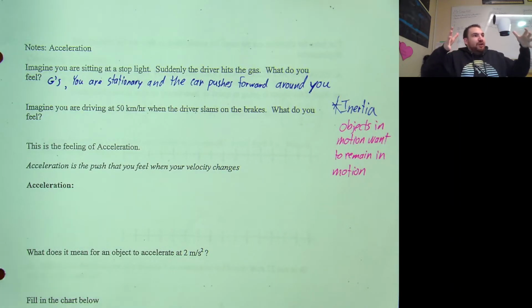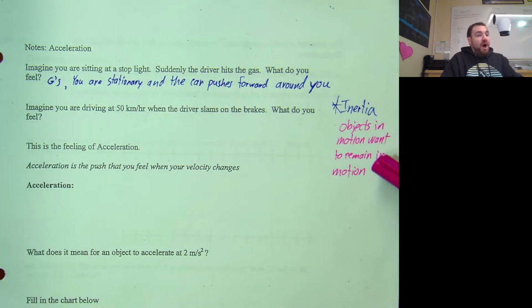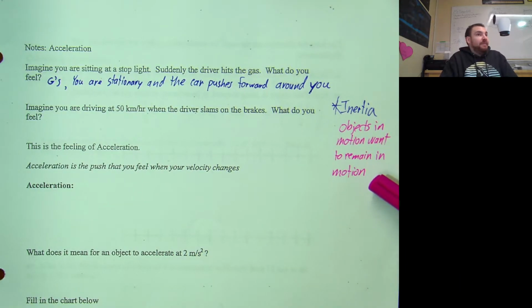It feels like you're completely contained by the seat, by the seat belt, by the steering wheel, because to be able to stay with the car, it needs to drag you around. The car is going to do what you tell it to do, but your body wants to remain in the motion that you have. And if you don't have anything stopping you or guiding you around, you're going to keep going.